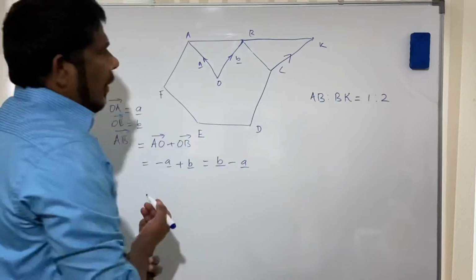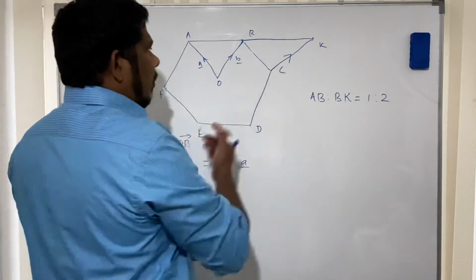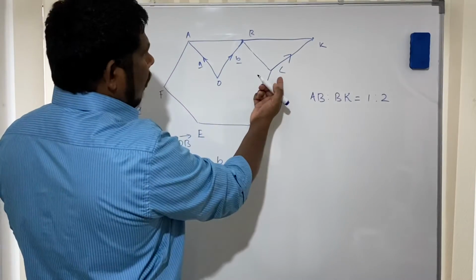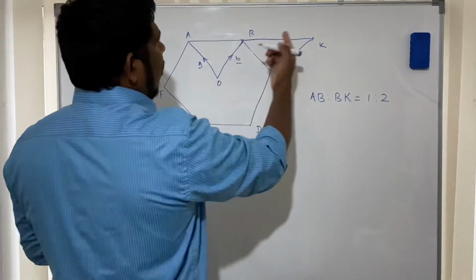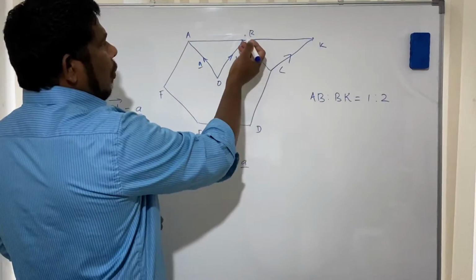Okay, how are we going to find CK? First we need to get a rough idea of how we're going to travel from C to K. First we go C to B, then B to K. So we need to find vector CB first.